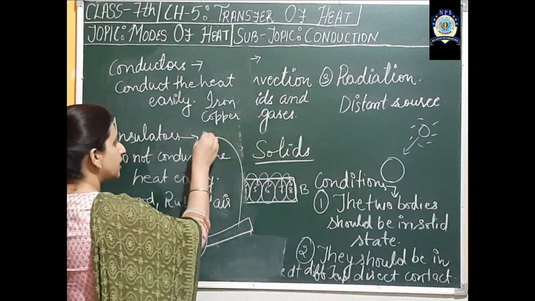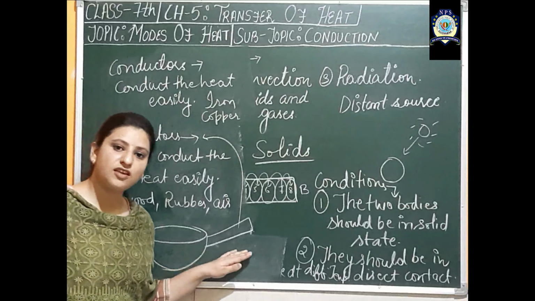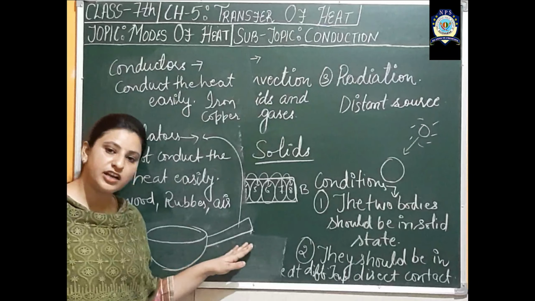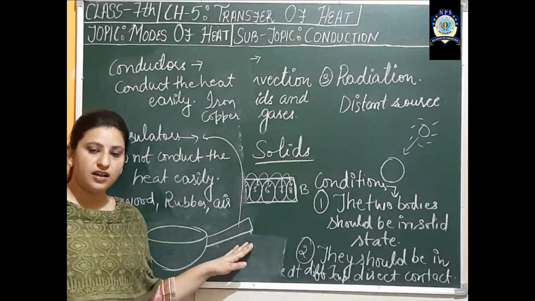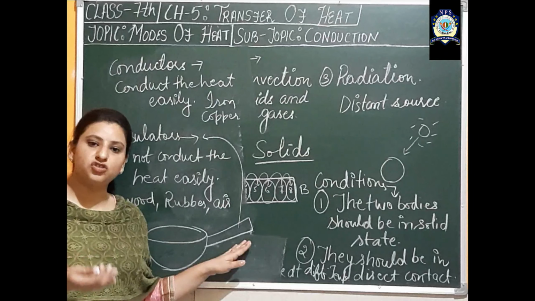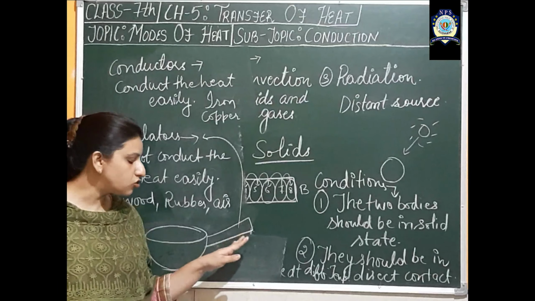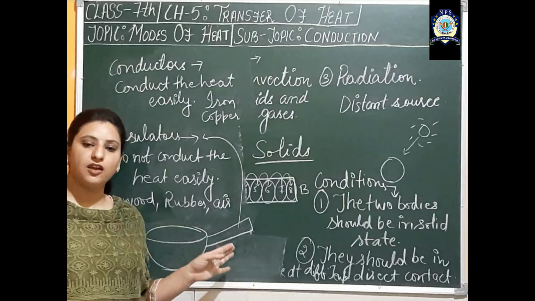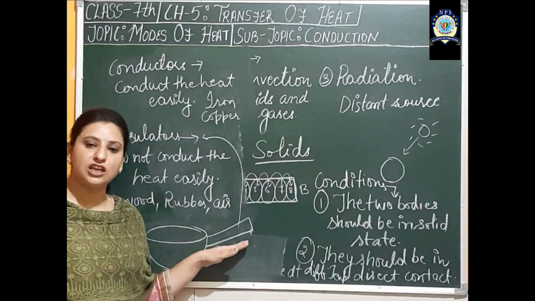Why insulating material? So that it is easy for us to handle the utensil while cooking, because insulating material does not conduct heat and it avoids accidents of burns on the hands. We can also easily carry such utensils while cooking if they have insulating material on their handles.